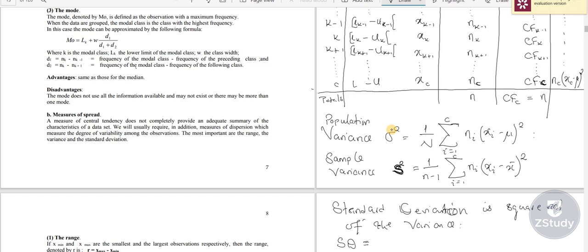So SD, population SD, which is standard deviation, is nothing but sigma, which is equal to the square root of 1 over capital N, summing up Ni, Xi minus mu, squared. That's it.